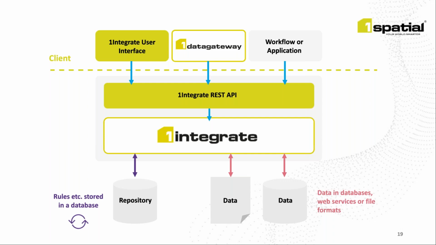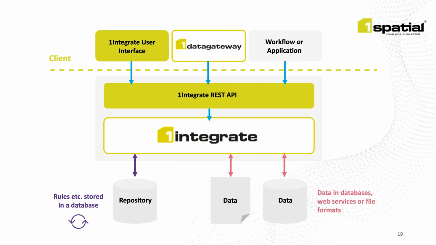And if we look at the top, what the client interface might be for users of 1Integrate, we already took a brief look at the user interface. We also have a product called 1Data Gateway, which is really good for managing data supply chains.